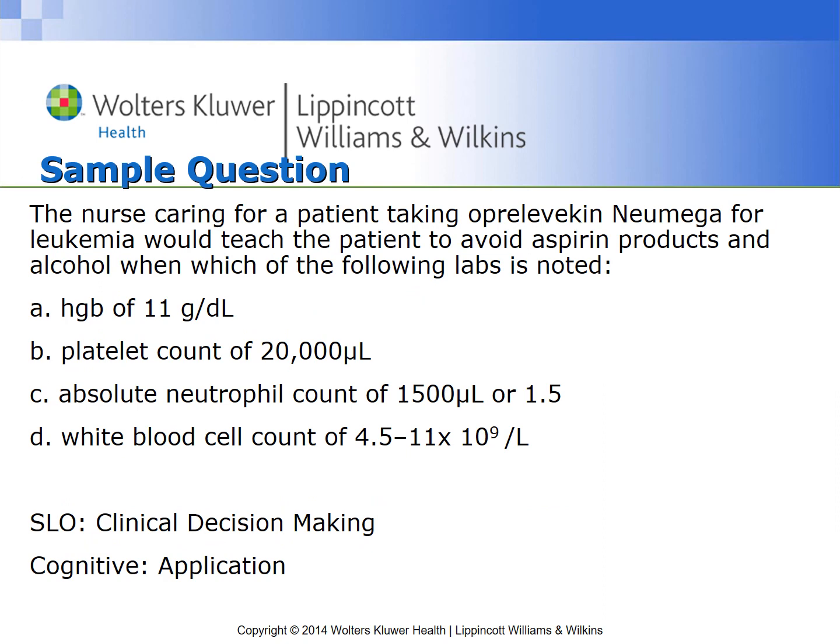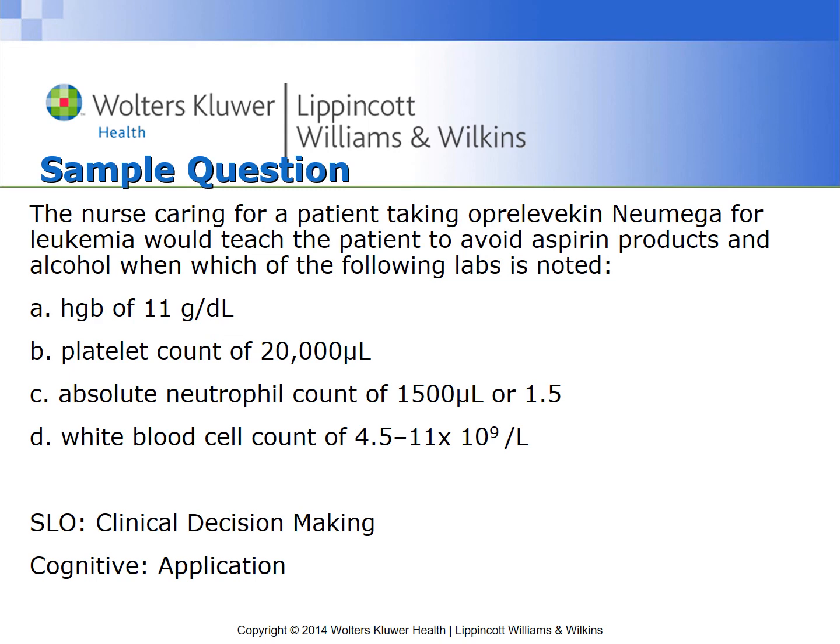Okay, another sample question. A nurse is caring for a patient taking oprelvekin for leukemia. Would teach the patient to avoid... Okay, so it's the P, Pril, Patsy, poor Patsy, for low platelet count.